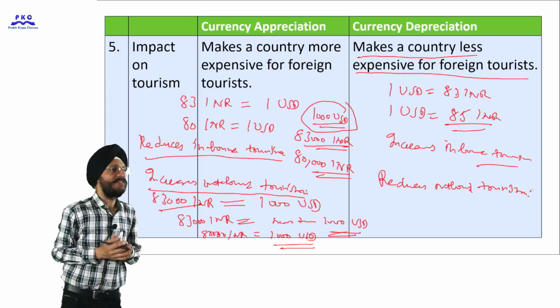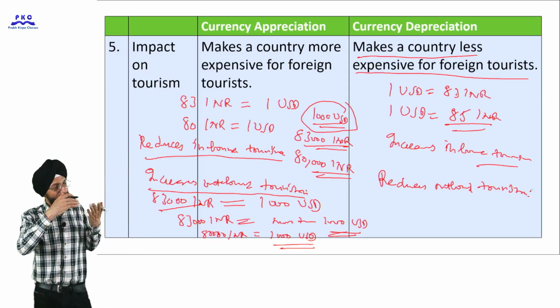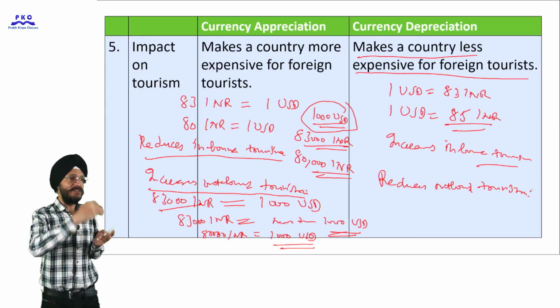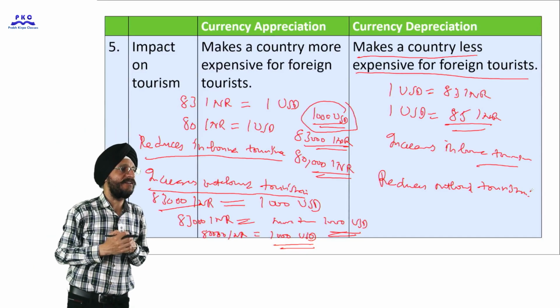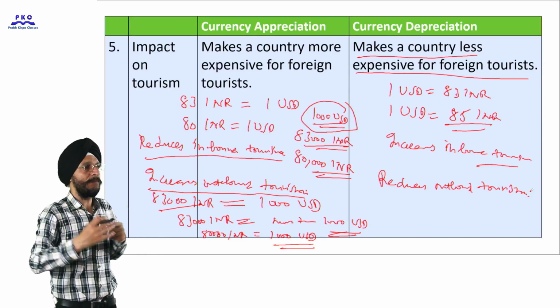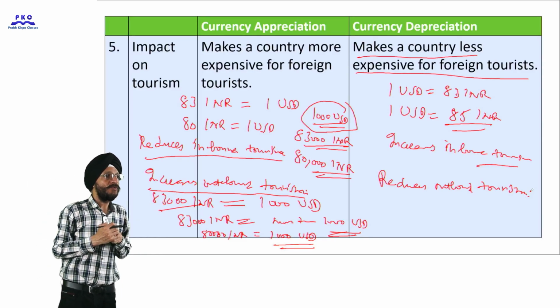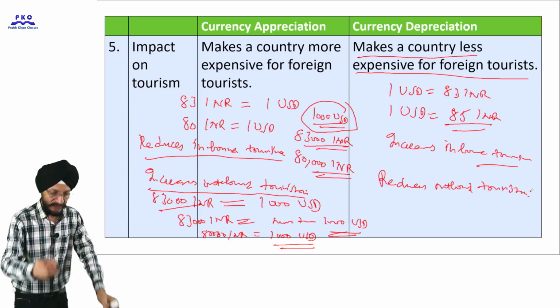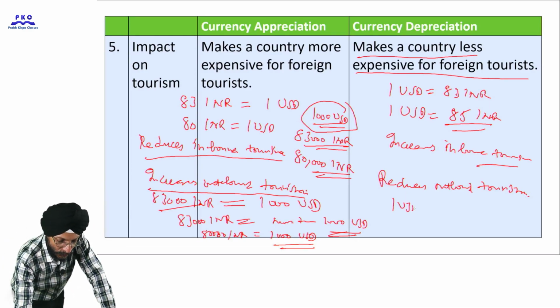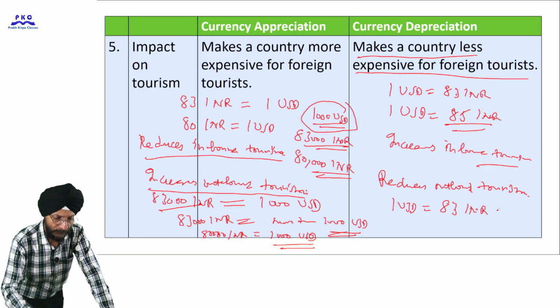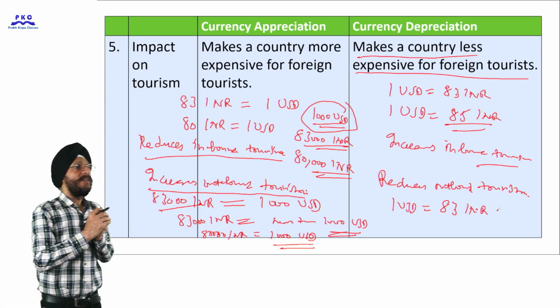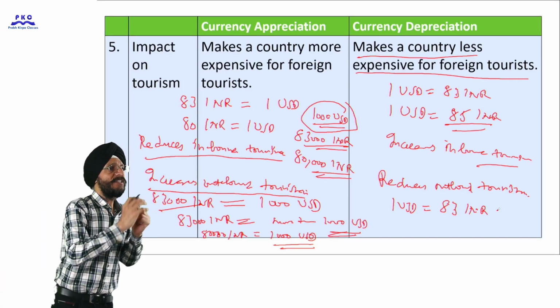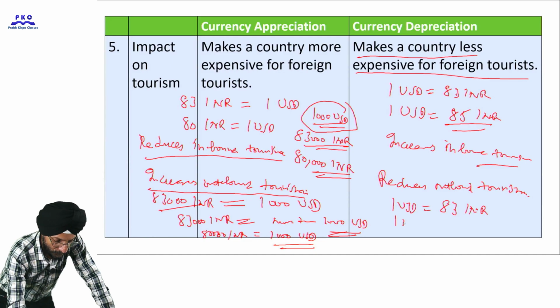When foreigners are visiting a country, the people from our country would also like to visit other countries for travel, fun or other purposes. Earlier, when there was no appreciation or depreciation, 1 US dollar was equal to 83 Indian rupees. But now, as the value of the domestic currency has depreciated, 1 US dollar is equal to 85 Indian rupees.